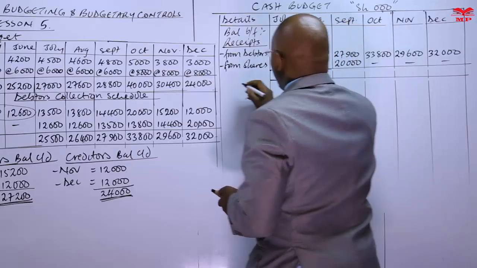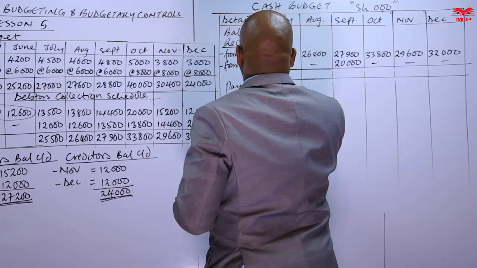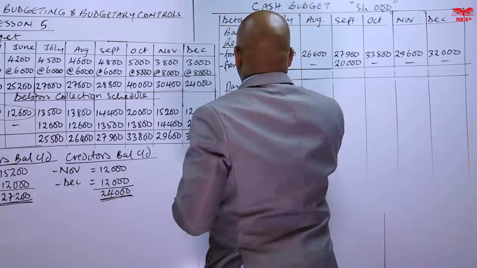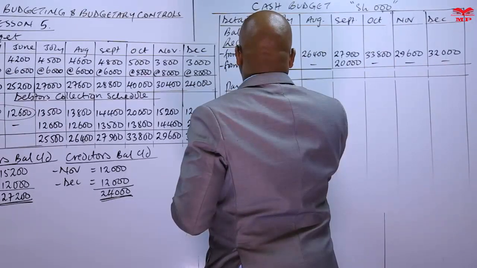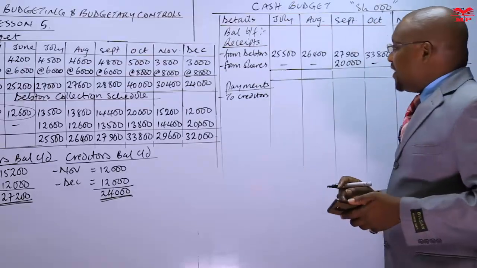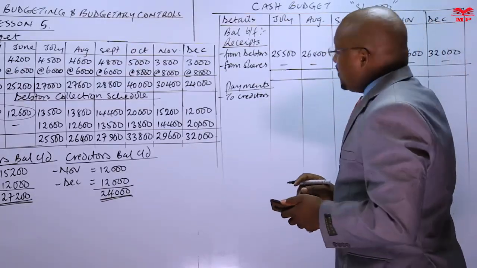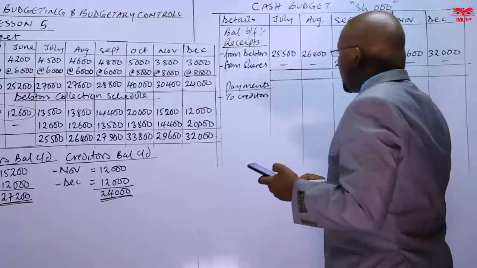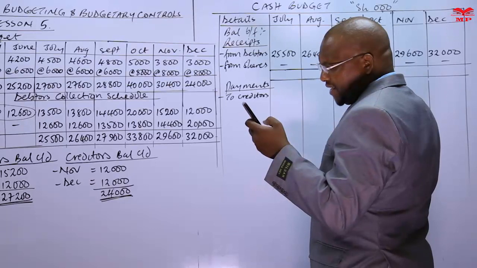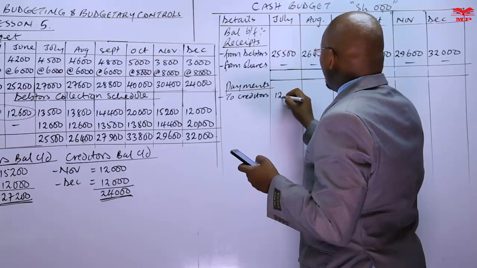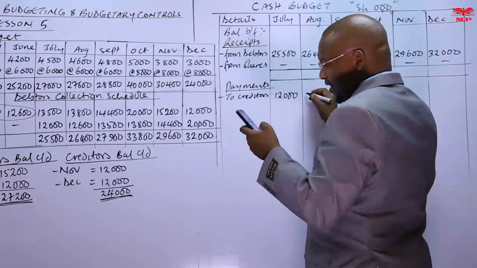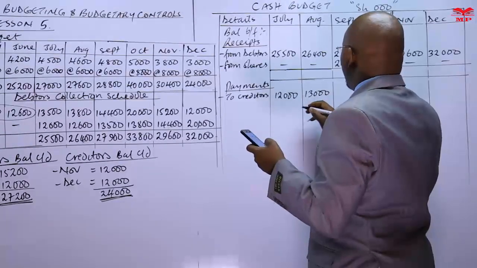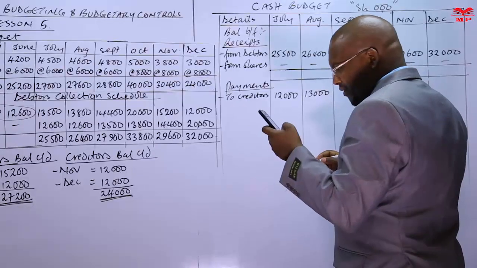So now we can have the payments. Payments to creditors or suppliers. Remember we are paying 2 months later. For the month of May, purchases are 12,000, to be paid 2 months later, in July. The payment for June is 13,000 to be paid in August.